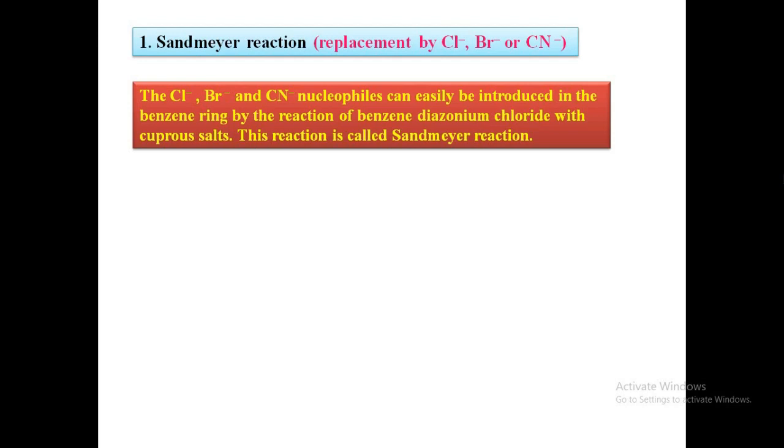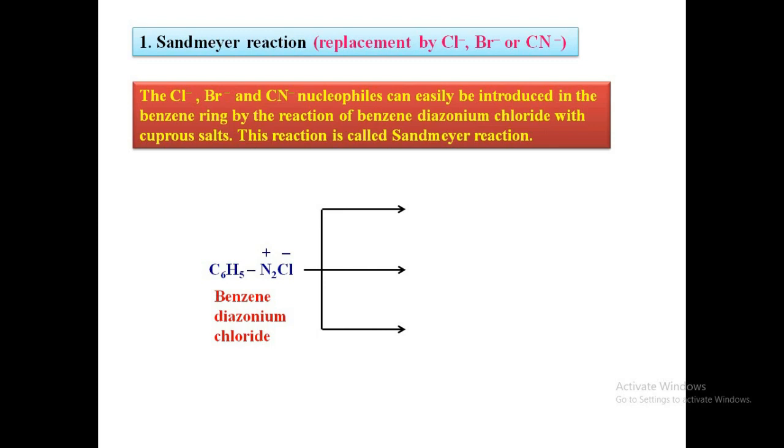When benzene diazonium chloride is reacted with cuprous chloride in presence of hydrochloric acid, chlorobenzene is formed with the liberation of nitrogen. And when benzene diazonium chloride is reacted with cuprous bromide in presence of hydrobromic acid, bromobenzene is formed.